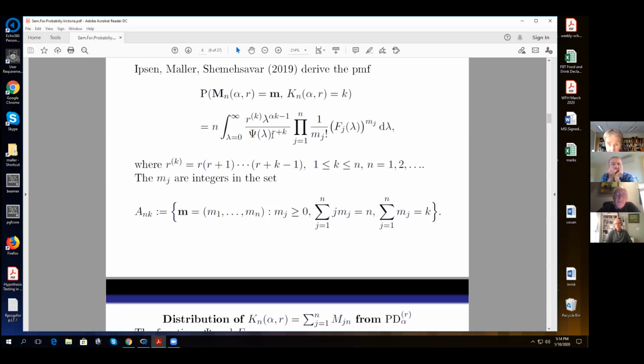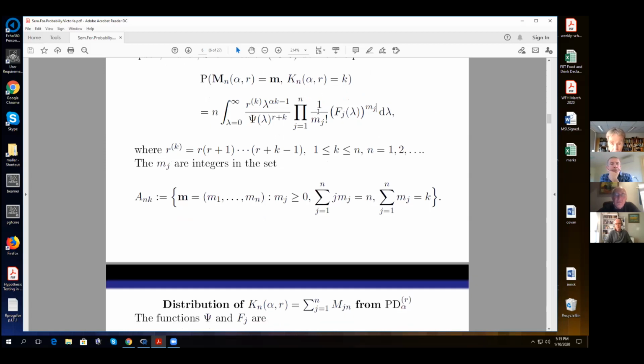There's a function psi on the bottom, which I'll mention in a minute. And here, this part, you can observe a kind of Poisson-looking component. If there had been an exponential term in here, we would have the Poisson probability. And in fact, I'm going to put that e in there in a minute.